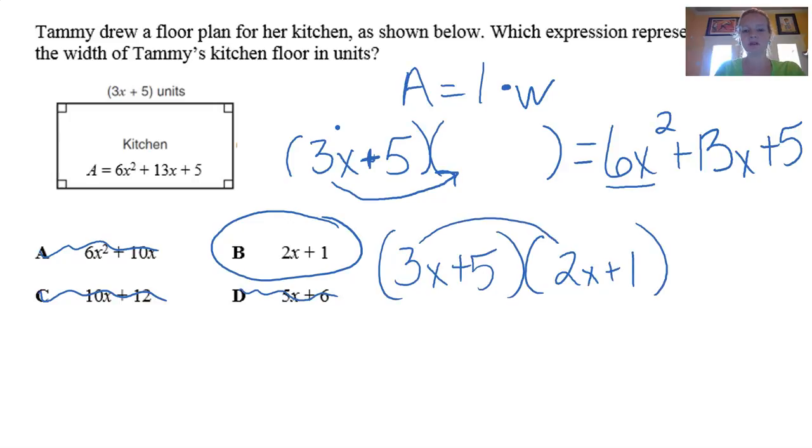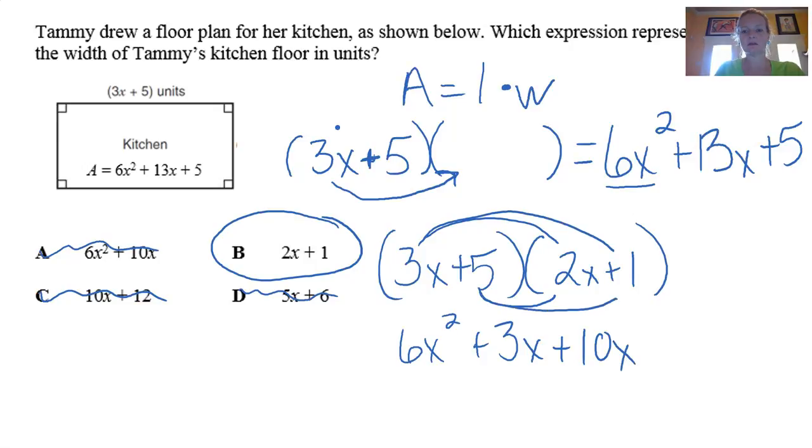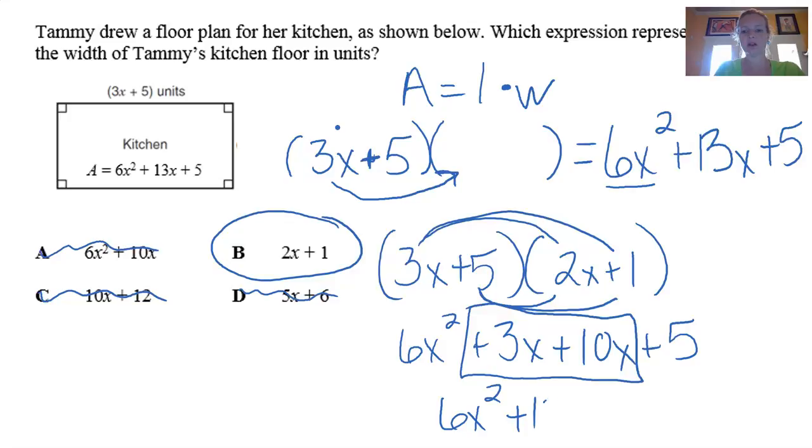FOIL it out, and you get 6x squared plus 3x plus 10x plus 5. Combine your middle terms, your inners and your outers, and you'll get 6x squared plus 13x plus 5. So it checks.